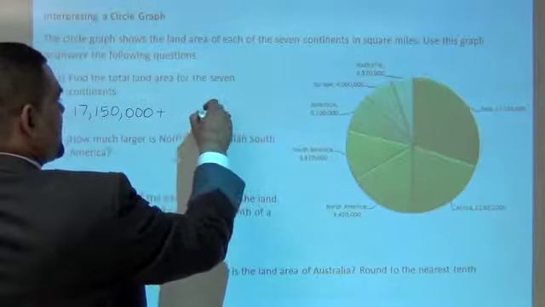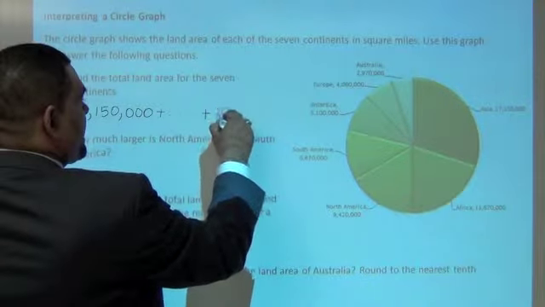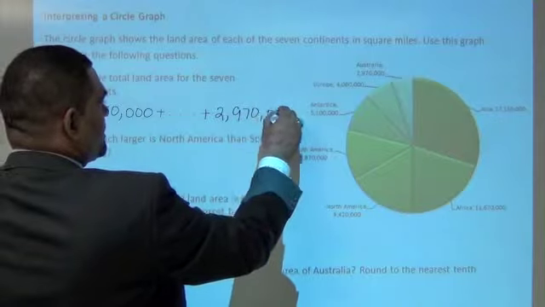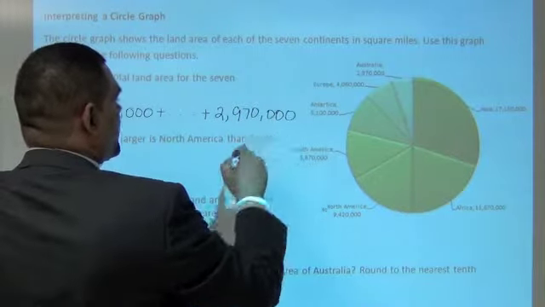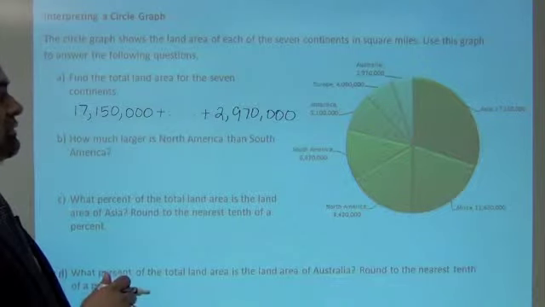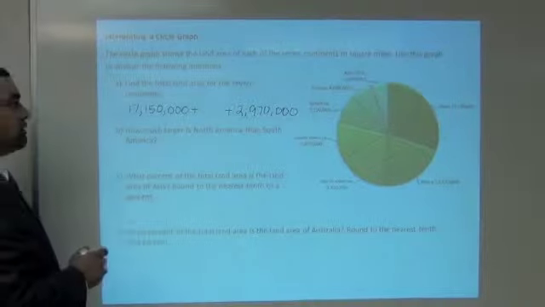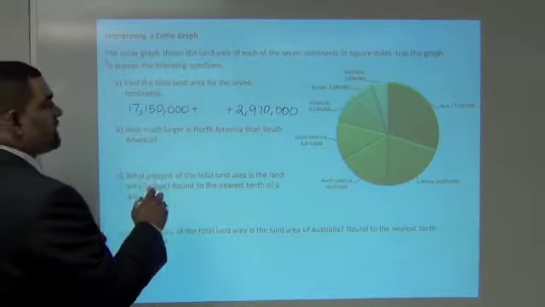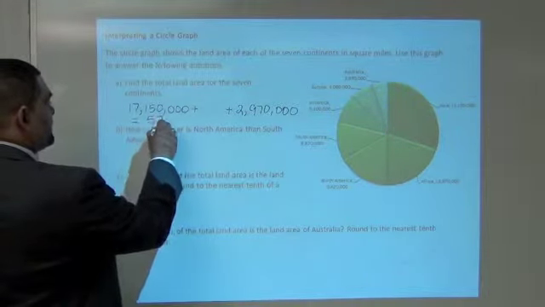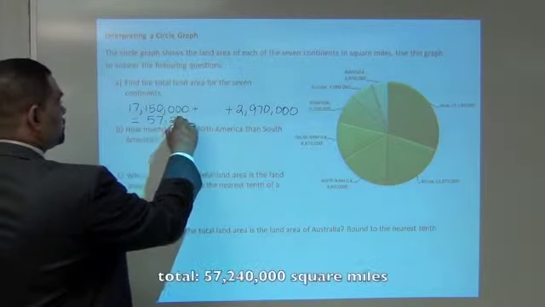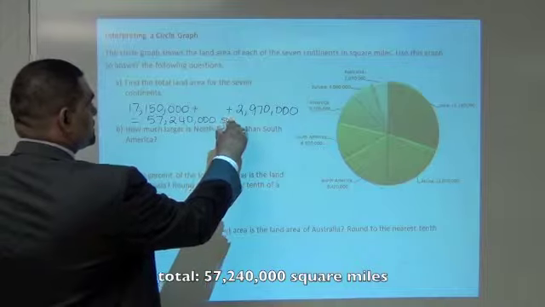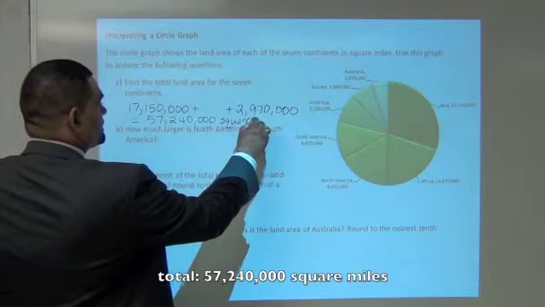So the last one is Australia, which is 2,970,000. Now remember, as I mentioned earlier, you need your calculator. You're going to add all these numbers together. Now, after adding all these numbers, the result should be 57,240,000 square miles.